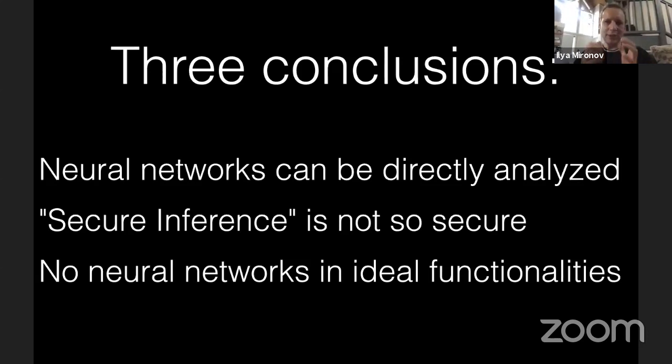With neural networks, they're complex, they're subtle, and it's just asking people to take on faith that executing an ideal functionality, like a neural network as an ideal functionality, is washing our hands of the hard problem.